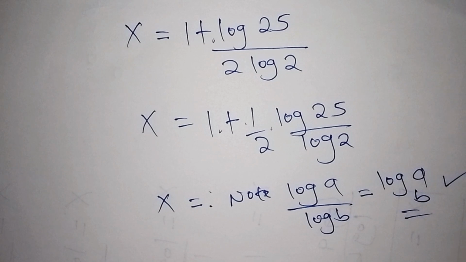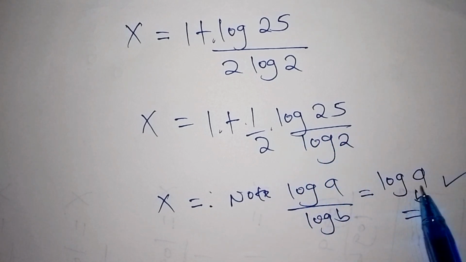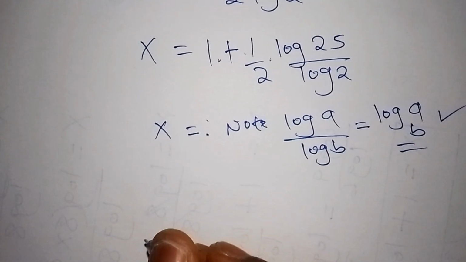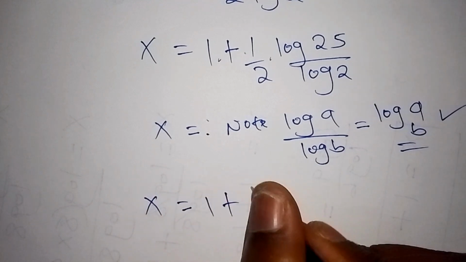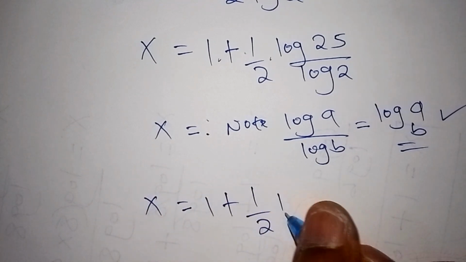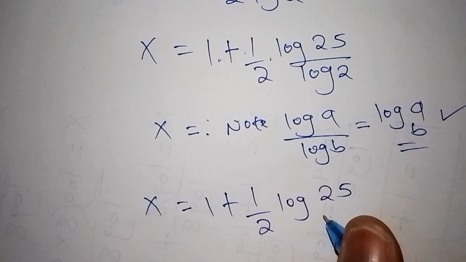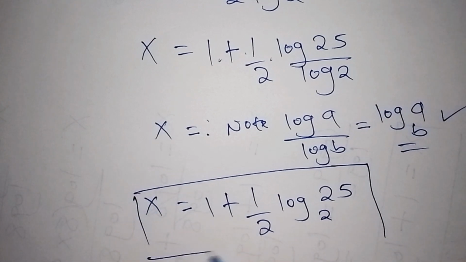So I want us to express the log of 25 all over the log of 2 in the form of log a to the base of b. Our value for x is equal to 1 plus a half, then log 25 to the base of 2. This is our value for x.